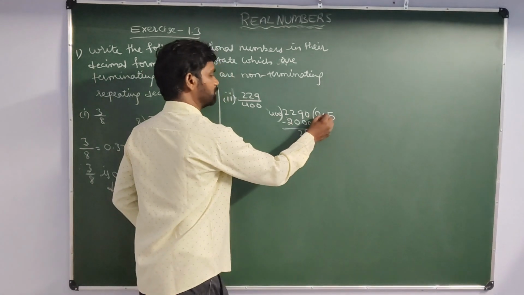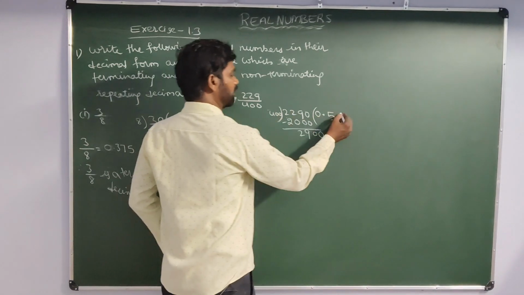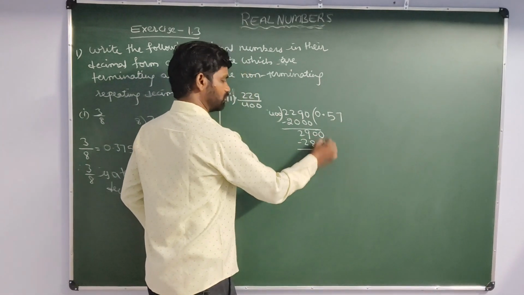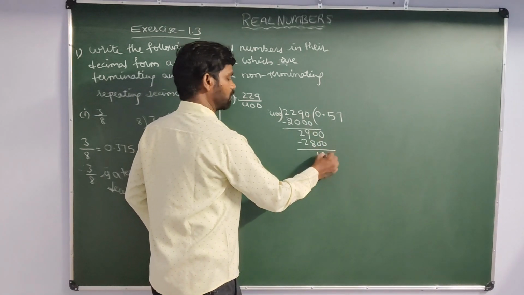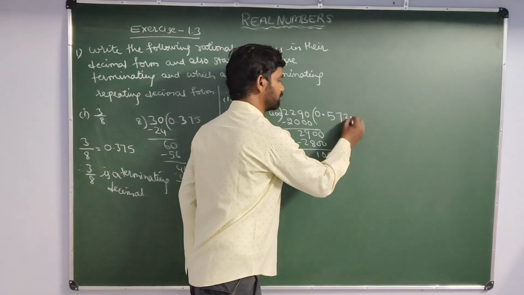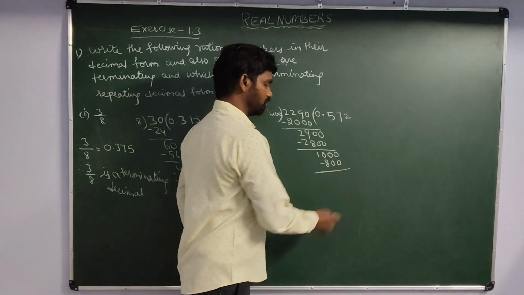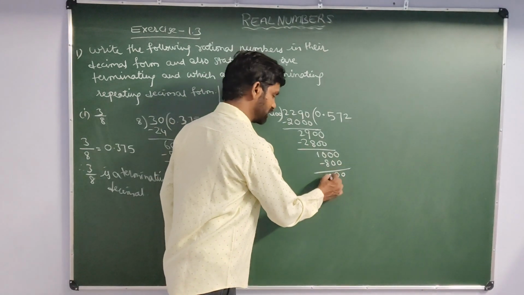So already we have taken the decimal, here we can consider one more 0. 400 into 7, it is 2800. So 0 minus 0, 0 minus 0, 9 minus 8, it is 1. Next to 0, 400 twos are 800. 1000 minus 800, it is 200.